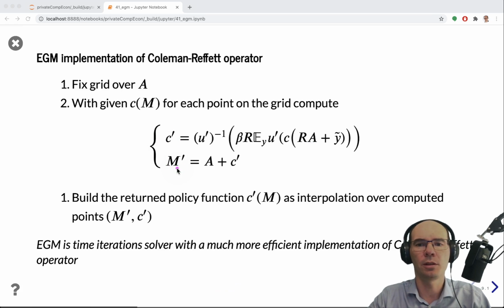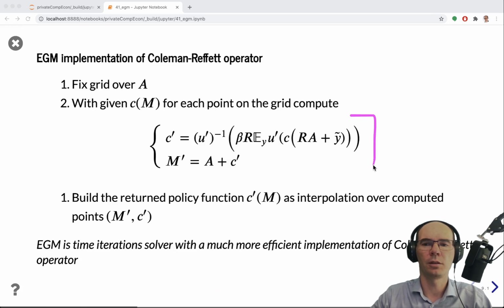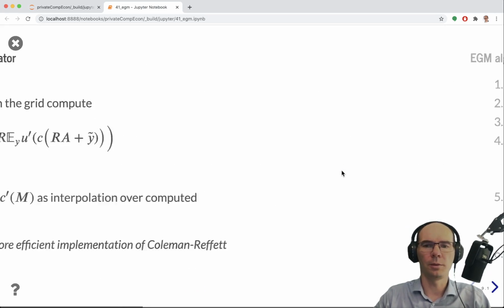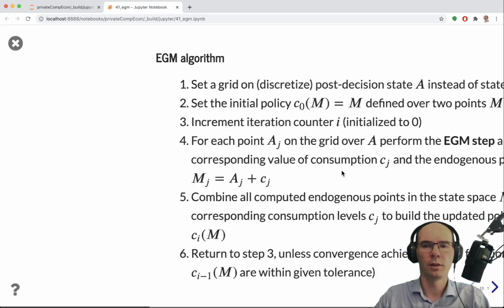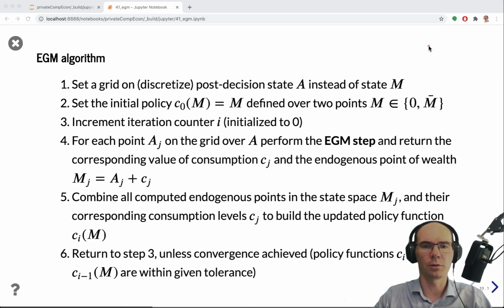And optimal in the sense that the Euler equation is satisfied, just because this is a parameterized version of the Euler equation, essentially.